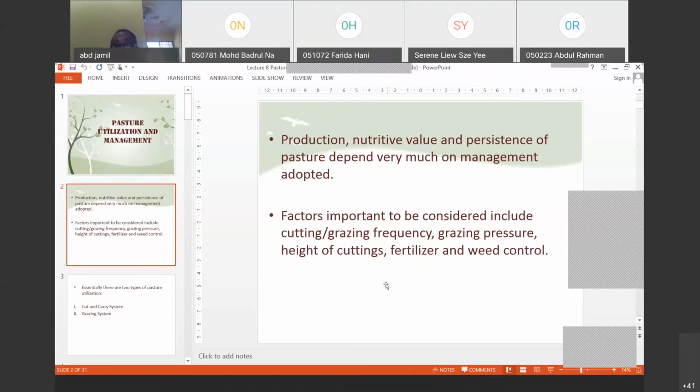But one good thing is that the animal knows where their home is. The animal comes back to the area where they are fed with concentrate, or during this time of the year, even with the grasses.